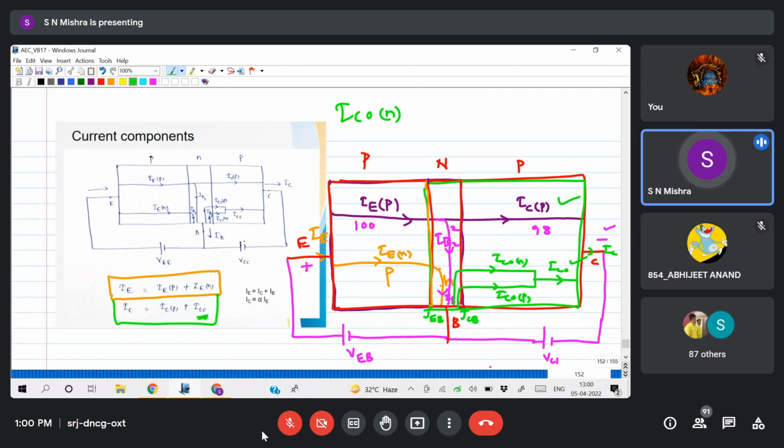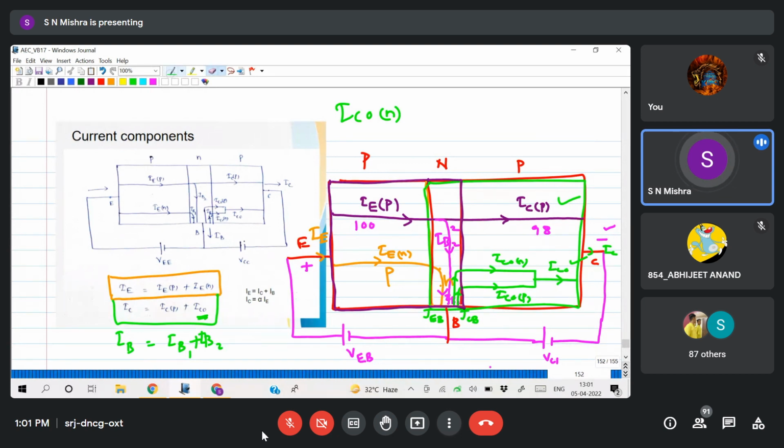Now base current IB. See, IB is what the incoming current, what is the outgoing current? Can you tell me? IB1 incoming into the base, IB2 which is also incoming, IB3, the both the components what I have shown here in the base region I can take, that is IB3 which is outgoing.